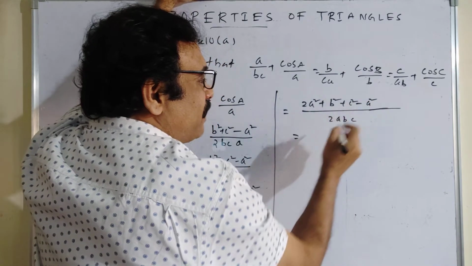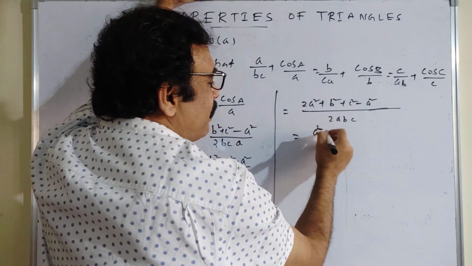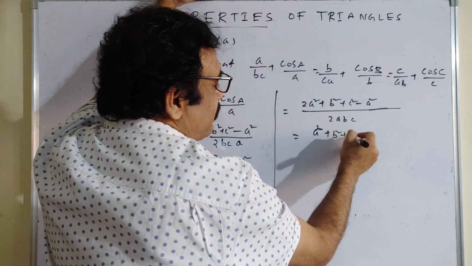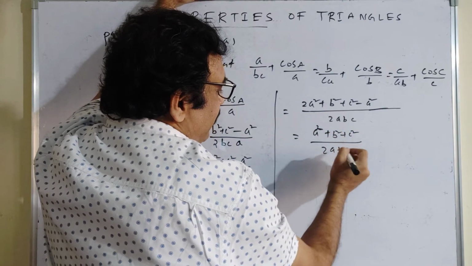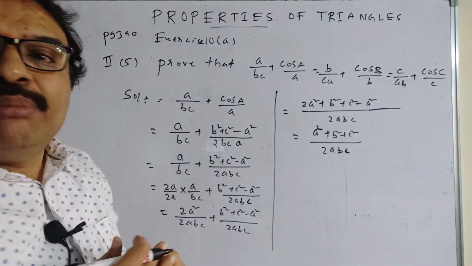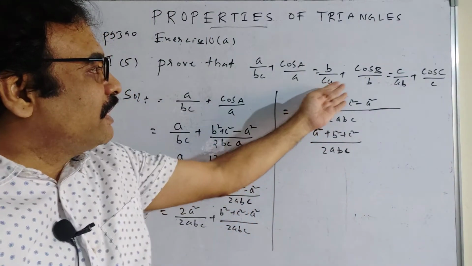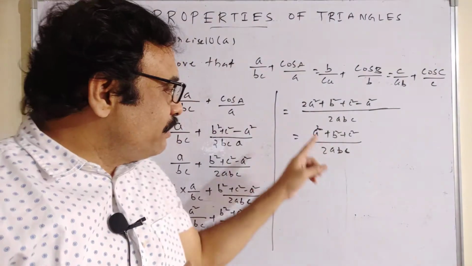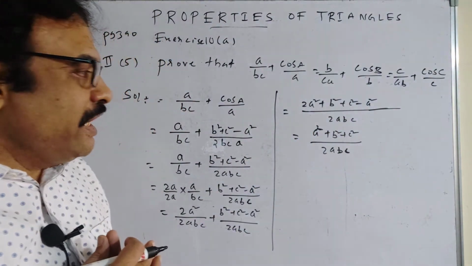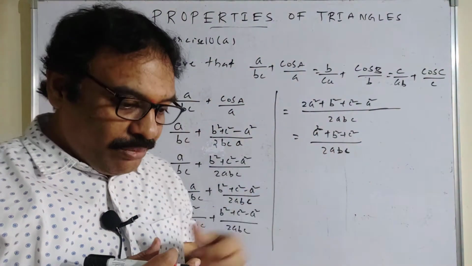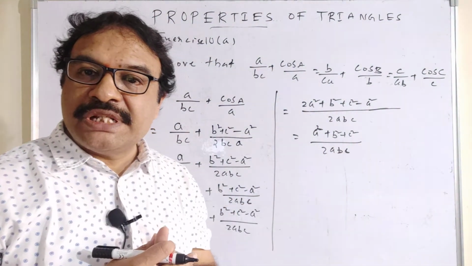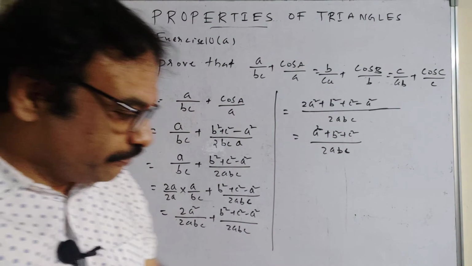Now 2a square minus a square is a square, and you are getting b square plus c square by 2abc. Hopefully you will apply the same logic for the rest of the two, and the result should be in the same manner, that is a square plus b square plus c square by 2abc. Hope that you understood the problem.